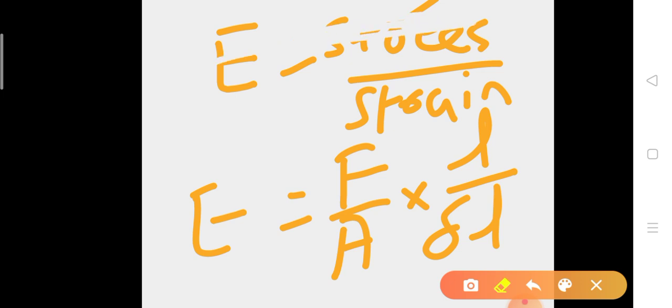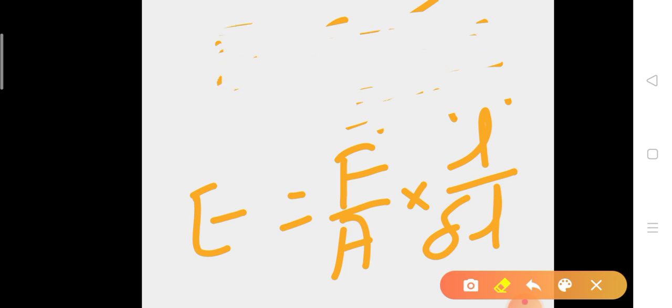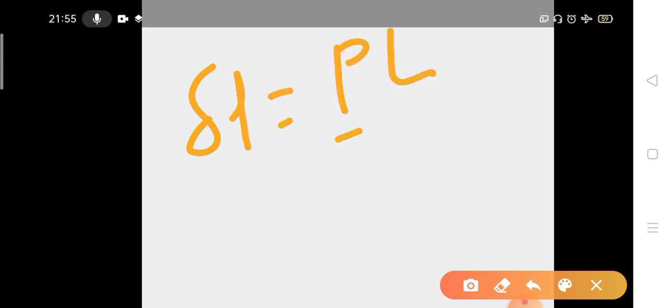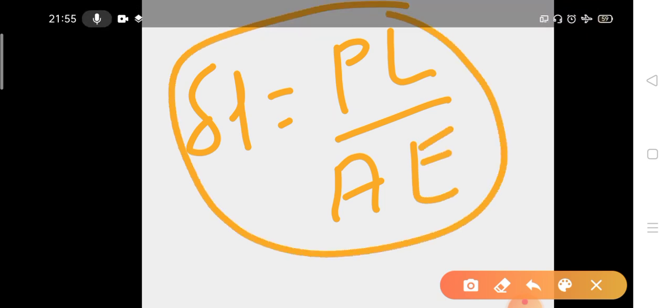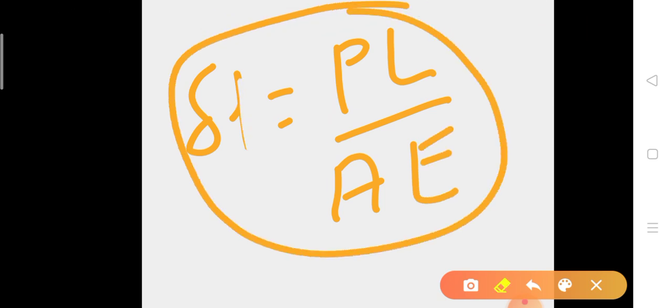Now you just try to find out the value of delta L, that is deflection, from this equation. So you will get the value delta L is equal to PL by A into E. Delta is your deflection.